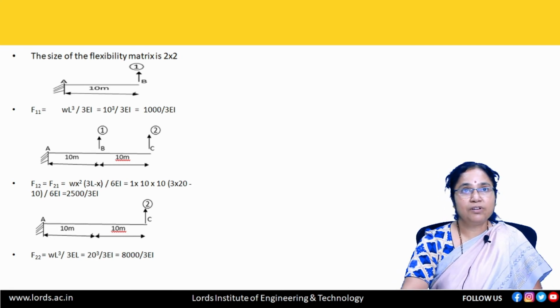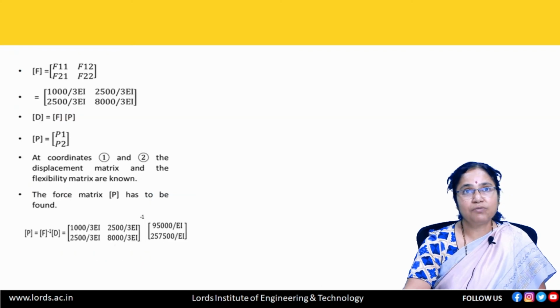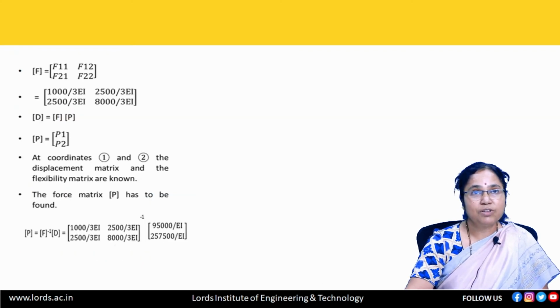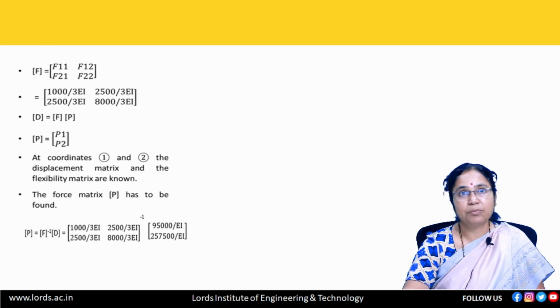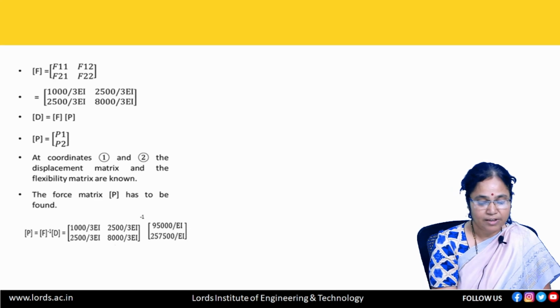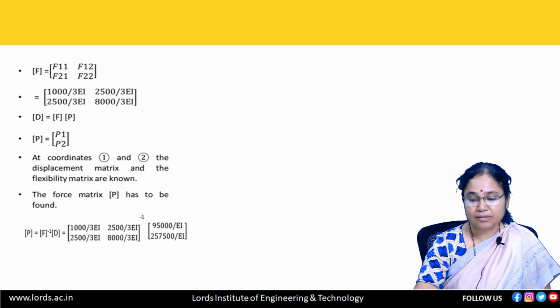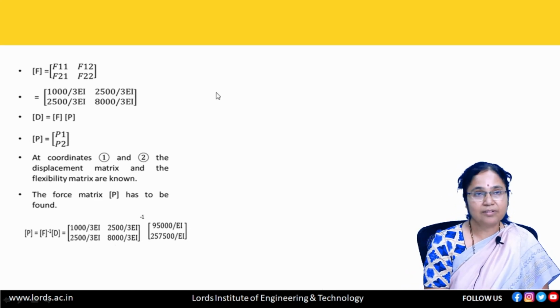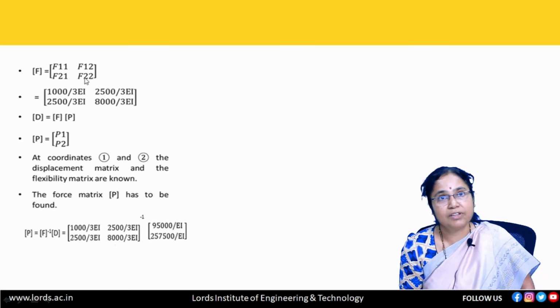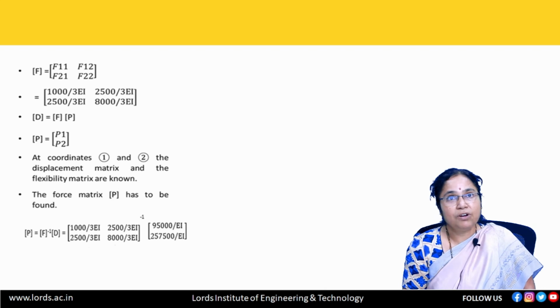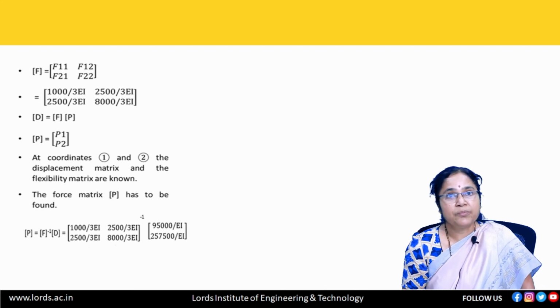So F equals F11, F12, F21 and F22. We know all the values of the parameters of the flexibility matrix. So substituting all the parameters, we get this matrix. D equals F into P is the formula for the flexibility matrix, where P equals P1 and P2.